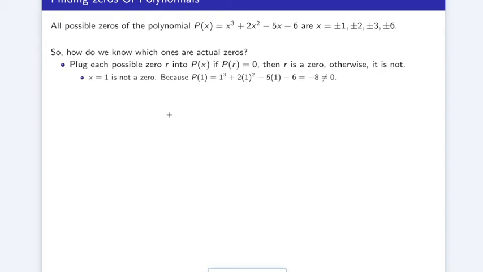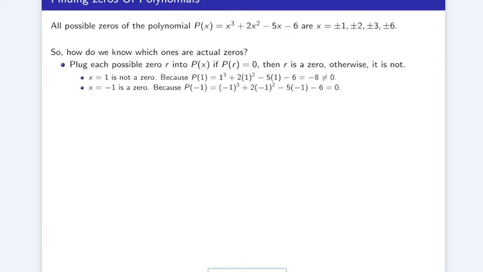Why is that? Because if we plug 1 into the polynomial here, then we can see that 1 cubed plus 2 times 1 squared minus 5 times 1 minus 6 equals -8, which is not equal to 0.